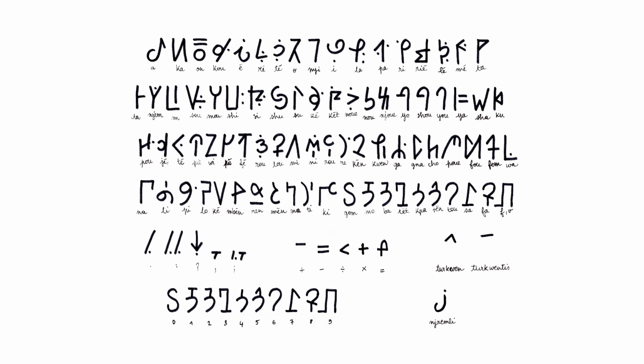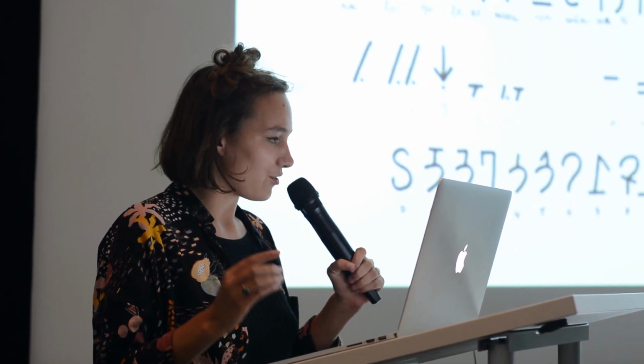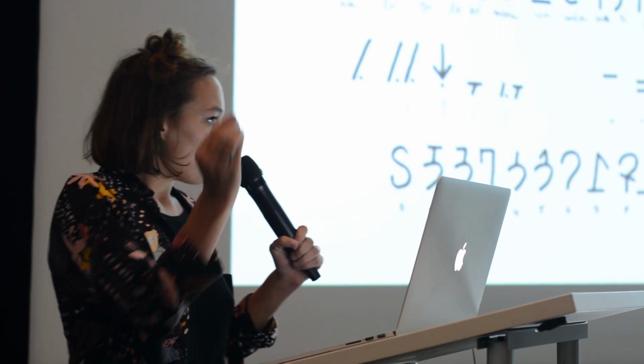The Njamli is, how can I explain it? They don't have the same concept that we have with capitals and lowercase. So to distinguish a proper noun, for instance, or to highlight a word, you put the Njamli behind the word.